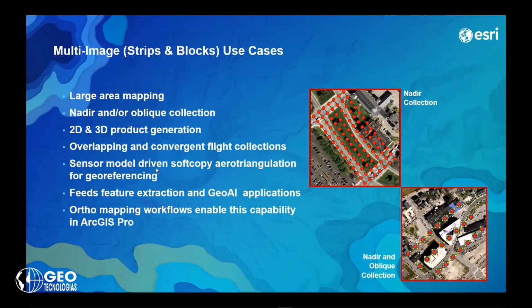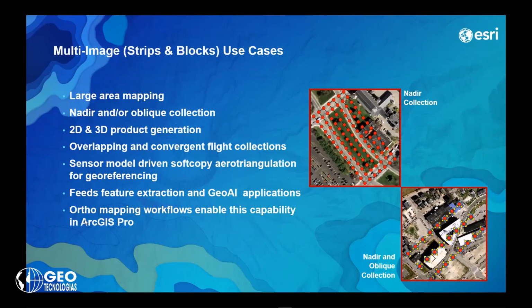There is a sensor model-driven triangulation process to georeference that usually requires ground control, but it may not now with the use of airborne GPS and IMU. There's less demand for ground control. And this process feeds a series of data extraction tasks or analysis tasks to create products.